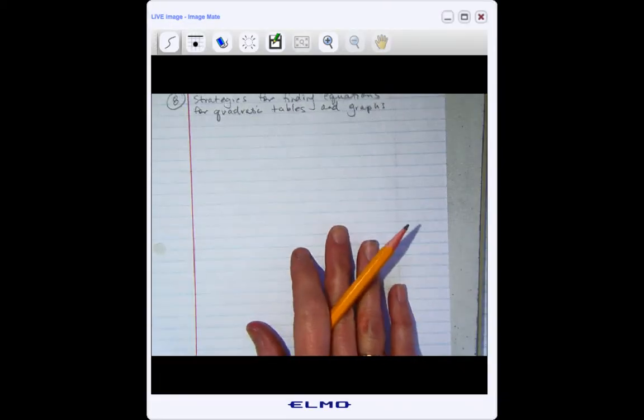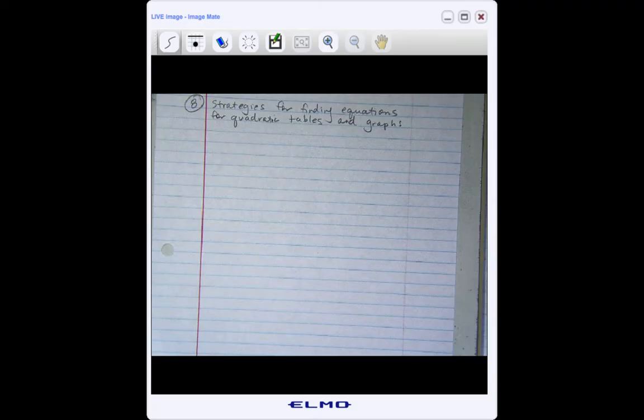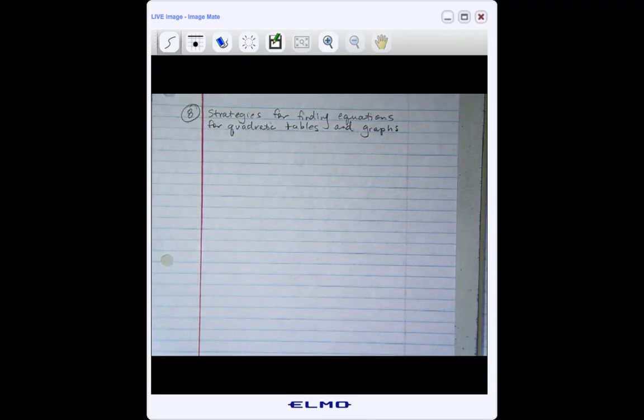Okay, so next big thing from this unit was how do we find the equations for quadratic tables and graphs? Okay, all right. So a couple different scenarios.